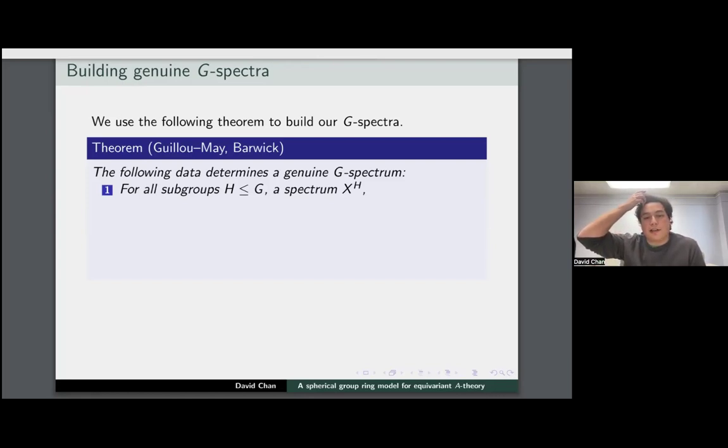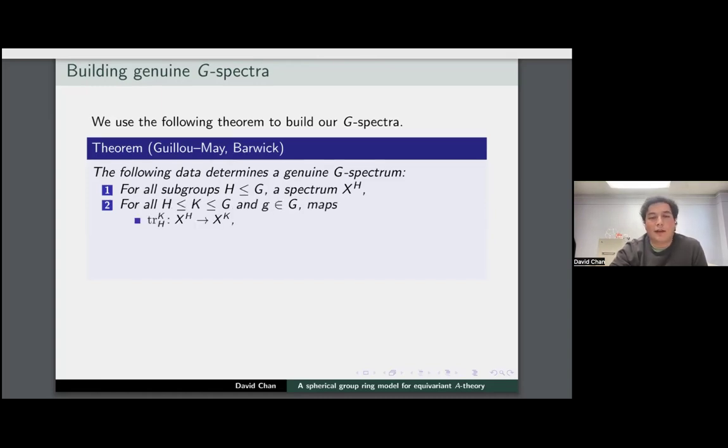The following data determines a genuine G spectrum. For all subgroups of my group, I need a spectrum. These are just regular spectra. I need, for all H inside of K inside of G, so all chains of subgroups, and all little g in G, the following maps. TR from X_H to X_K, called the transfer.